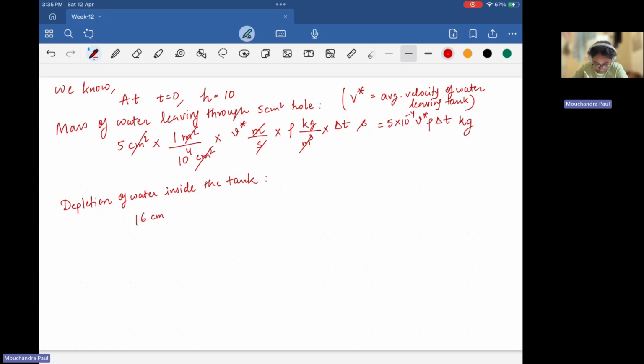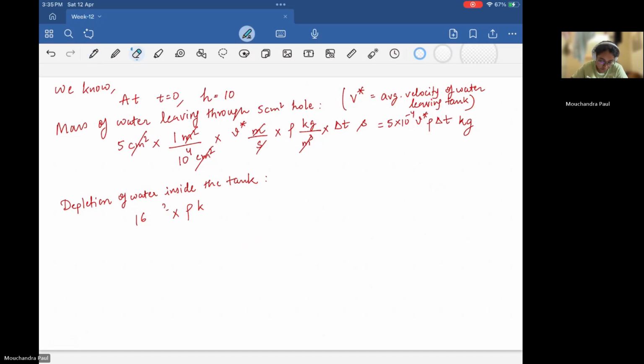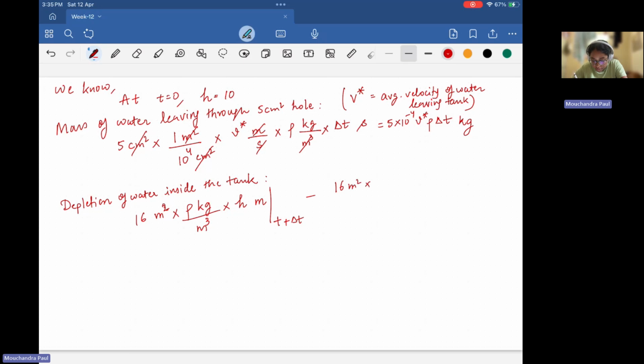So if the water has to come out of 16 centimeters square of hole with the density of rho, sorry, the unit is meter, over the height of h meters during time t plus delta t, minus 16 meters square rho kg per meter cube to height h meters over time t.